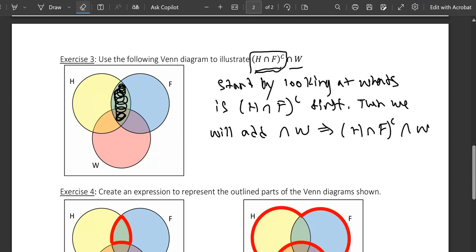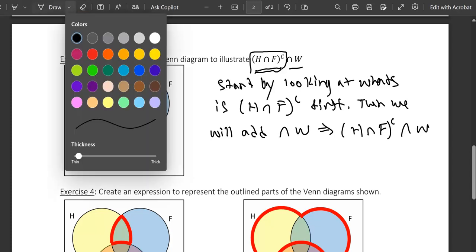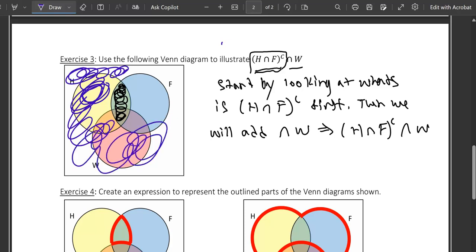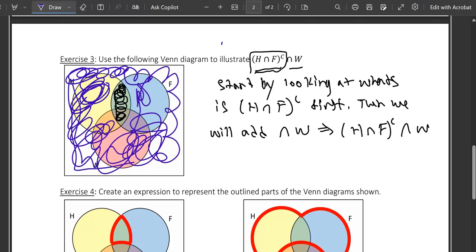So I'm going to do it in blue here. I want everything that's not in the intersection of that, and that would be everything but that, even the universe. So the stuff in blue is everything but that. There it is. That's this part here that we did.